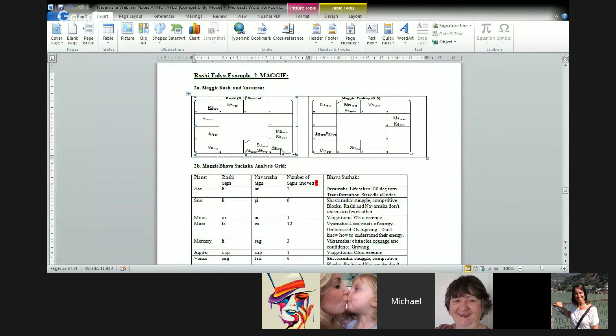By sign, Ketu is in the 6th sign, Virgo. Rahu is in the 12th sign, Pisces. And of course, remember, Maggie has a Libra ascendant, so everything is mirror image in her chart. Even her chart aspect shapes in Western astrology are very symmetrical.